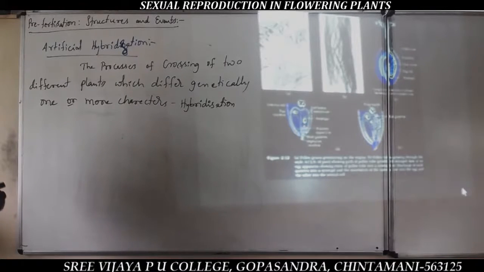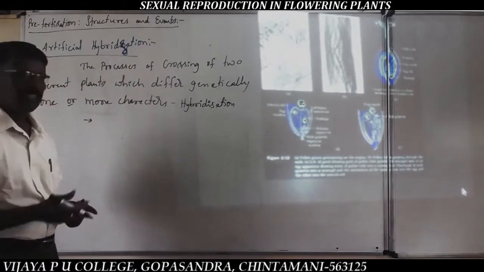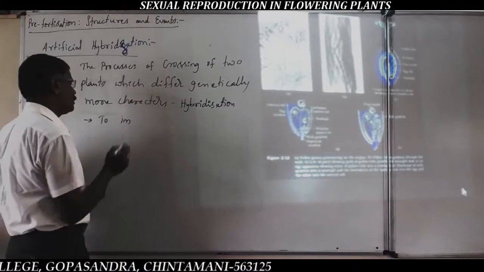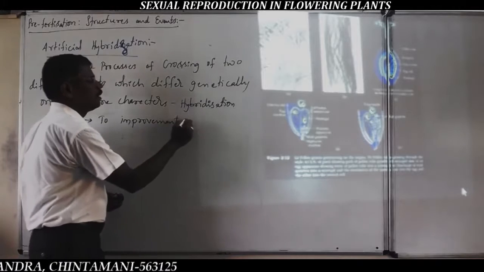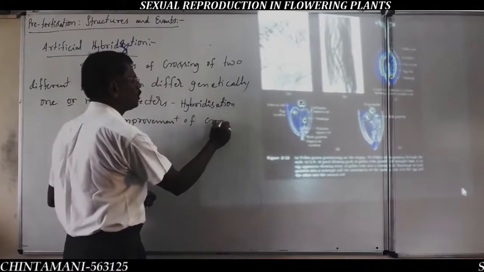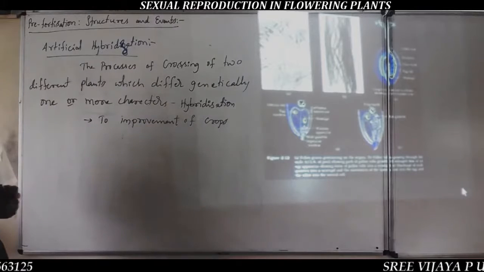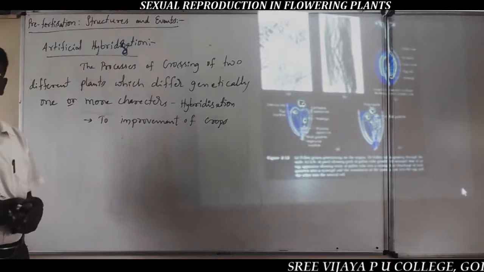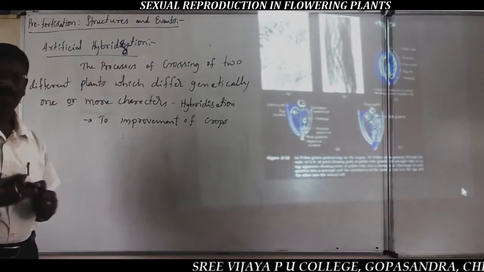In artificial hybridization, we use it for the improvement of crops. Artificial hybridization is one of the unique processes that helps improve any crop.